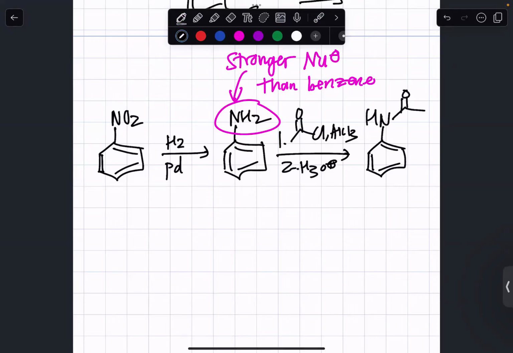Right. Let me go connect to my hotspot really quick so then it's less laggy.